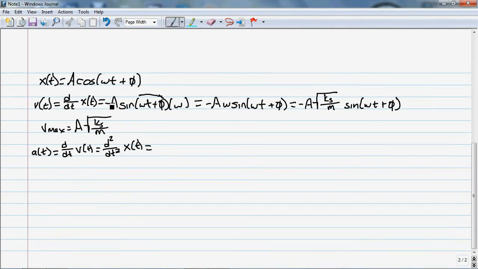Well, I already have the velocity here, so I'm going to have a negative A times omega. Omega is a constant, remember. And now I can do my derivative of the sine, which is the cosine. And then by chain rule, I need to take the derivative of what's in here, and that's just going to be omega.